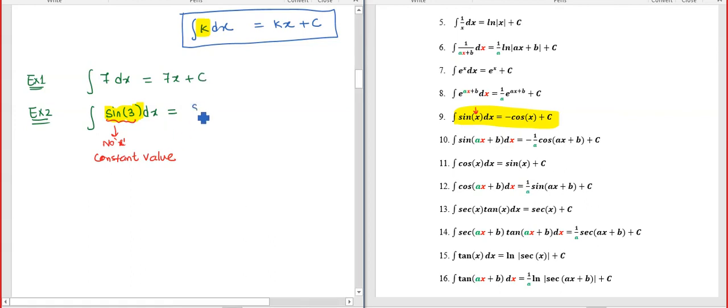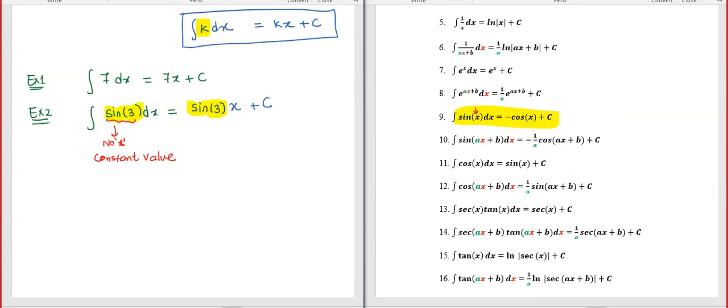So this will become sine of 3, which is a constant, times x plus c. Sine of 3 multiplied by x plus c, because see here, no x.